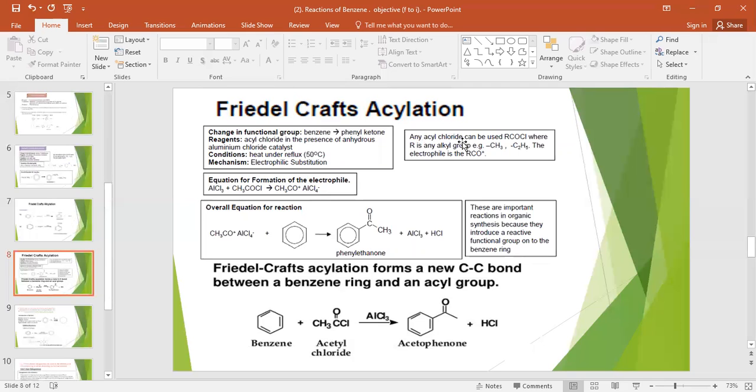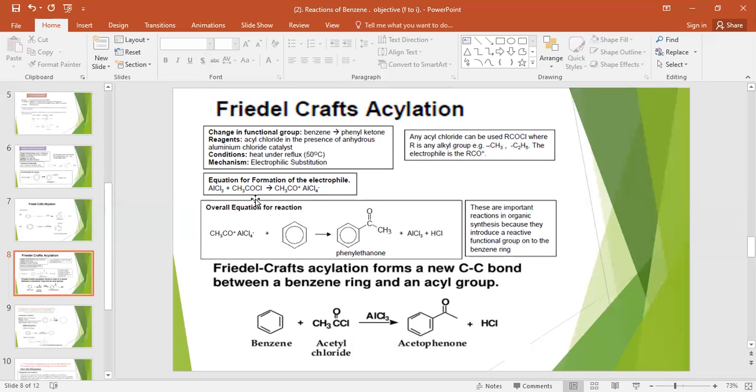So an acyl chloride can be used, RCOCl, where R is an alkyl group like CH3, C2H5, and here the electrophile is RCO positive because you just remove Cl from here. Then what is left? RCO. So this RCO positive is the electrophile for acylation.